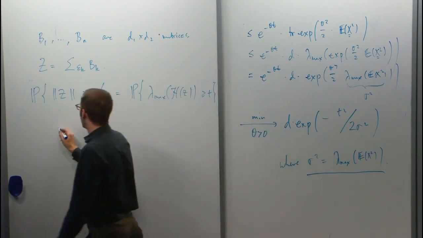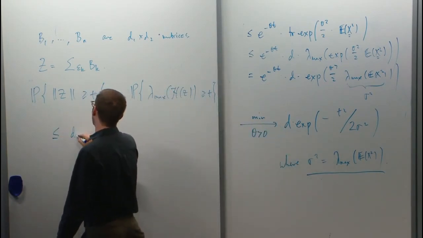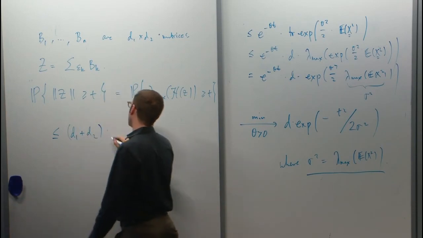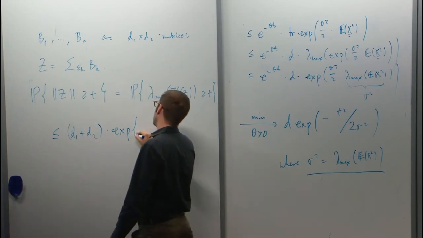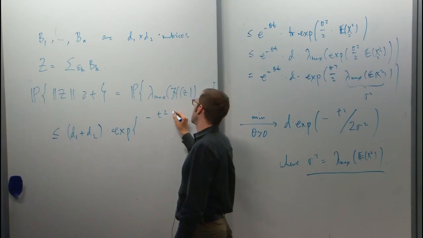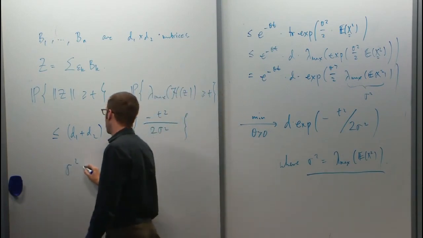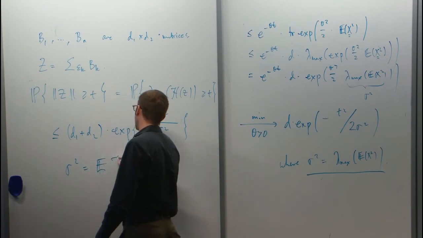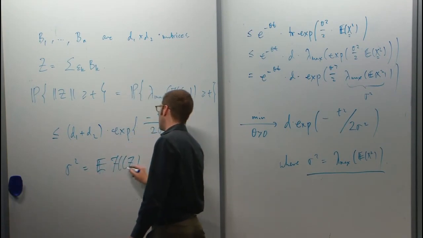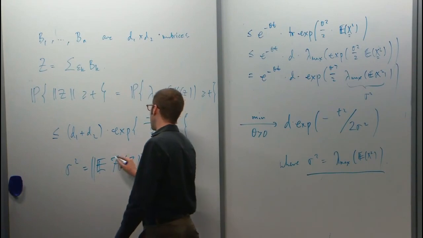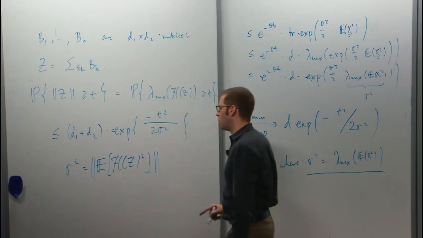And so we know that this is less than the dimension of that matrix, d1 plus d2, times the exponential of minus t squared over 2 sigma squared, where now sigma squared is the norm of the expectation of H(Z) squared.